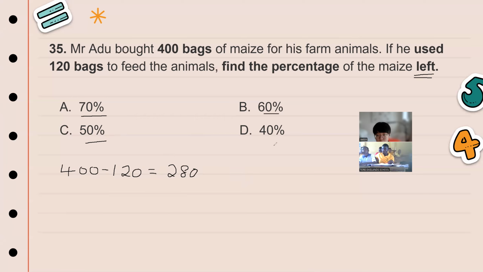And you're finding the percentage of the maize left. So the ratio is, the percentage is 280 over 400. So let's find this together. I'm going to click on the next portion.